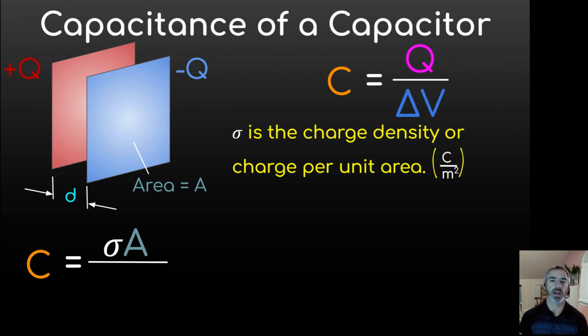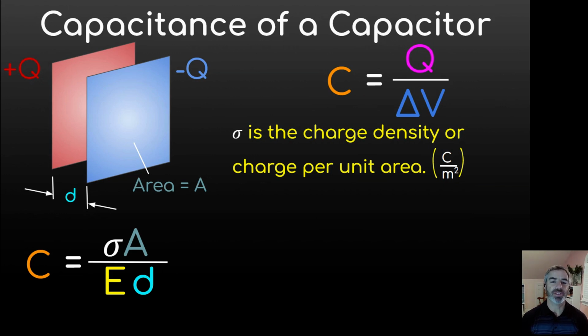So that's a way to calculate the value of the charge on the plates. And delta V, the potential difference, is the electric field times the distance. Now remember, that's for a constant electric field, which would be measured across those parallel plates, as we've seen in the previous electric field videos.